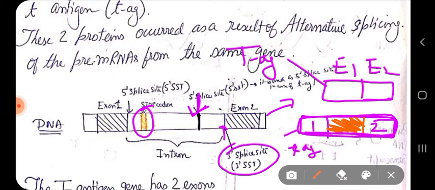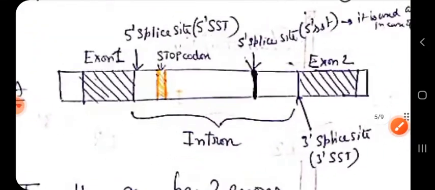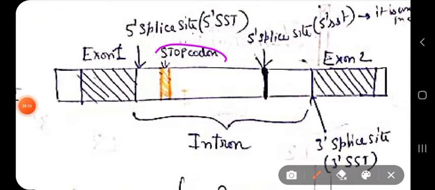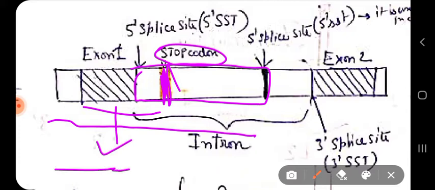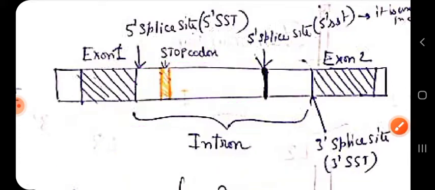It's because if you look closely at this intron sequence, there is a stop codon here. I am zooming in. There is a stop codon here which is located within this intron region. So during translation, when the ribosome identifies this stop codon, immediately your translation process will be stopped and a small polypeptide chain will be produced that gives rise to small t antigen.